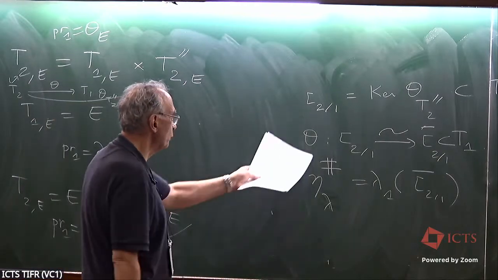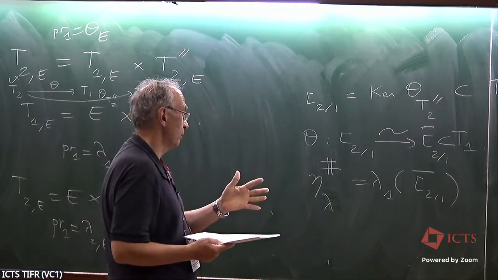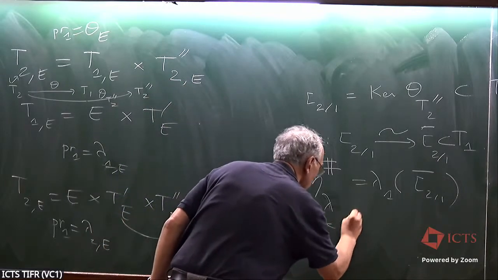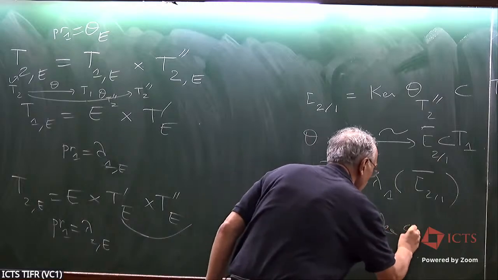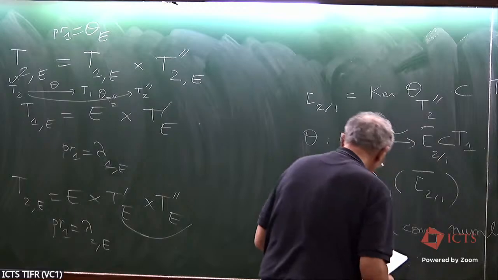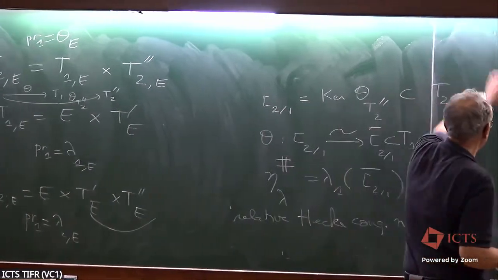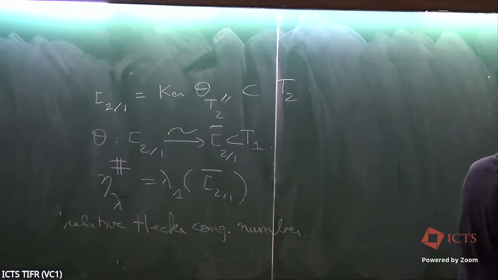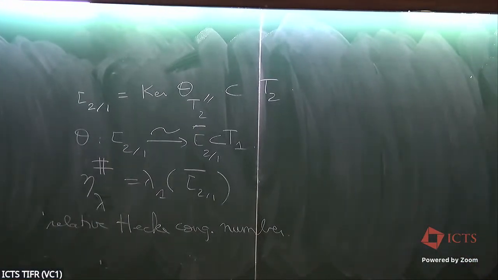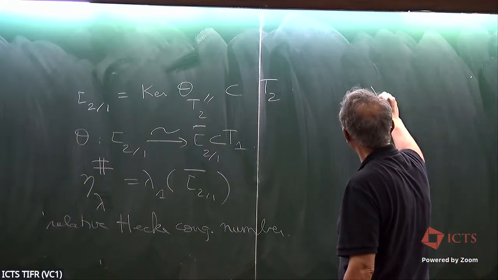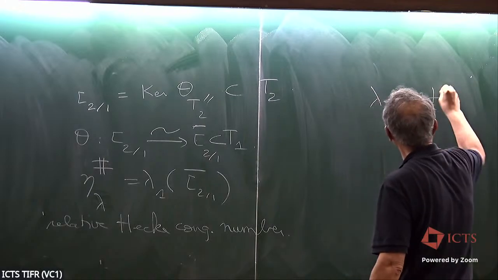Okay, so that's the relative Hecke congruence number. And I can tell you what it is good for. It is good for creating congruences between something which is a base change and something which is not a base change. We say that lambda 2 is the base change of lambda 1.